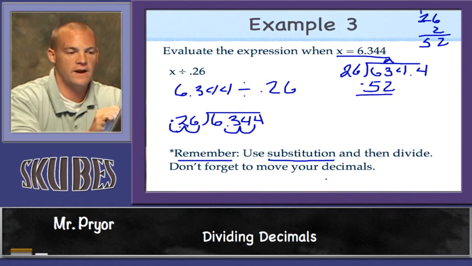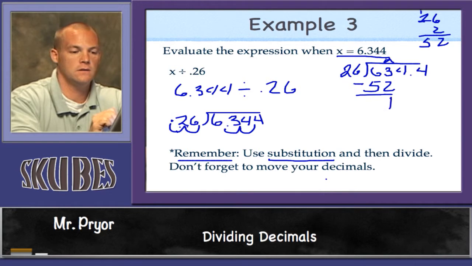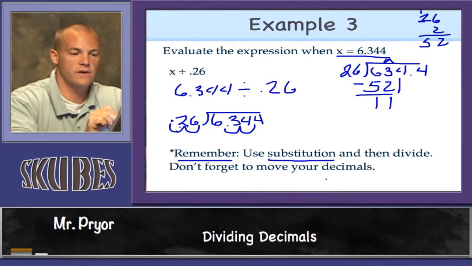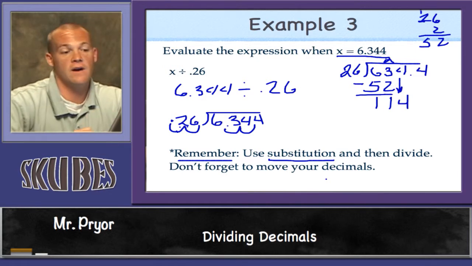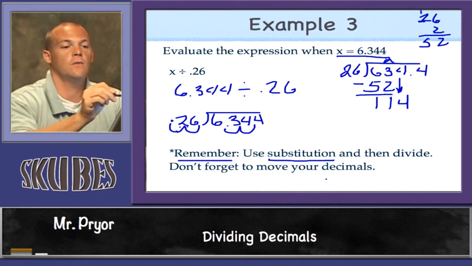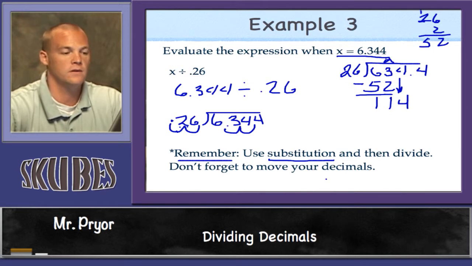So we're ready to subtract then. 63 minus 52 is going to be 11. We need to go ahead and then bring down a 4 and figure out how many times 26 goes into 114. All right, again, since 26 times 2 is 52, we can kind of estimate that it's probably going to be around 4 or 5 times.